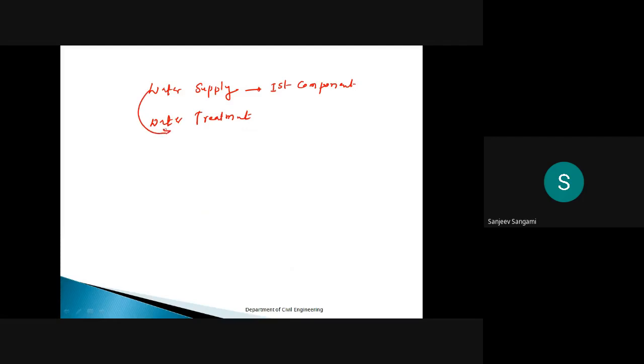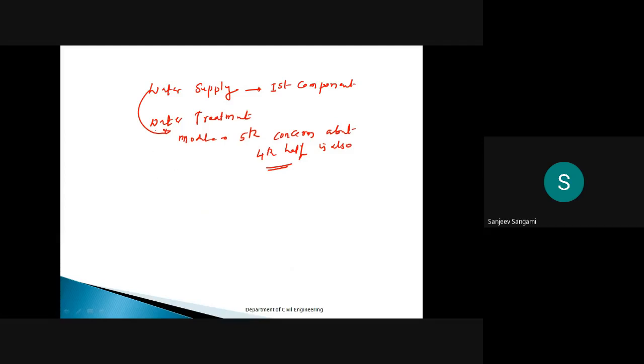When you say your water supply design is perfect, all these things you have to discuss in the water supply component. Normally, module five is concerned with the water supply component, and module four is also concerned with water supply.